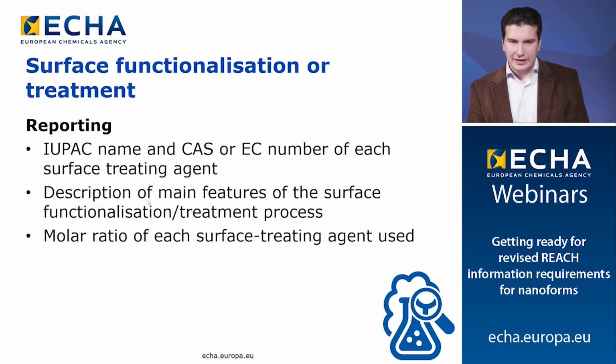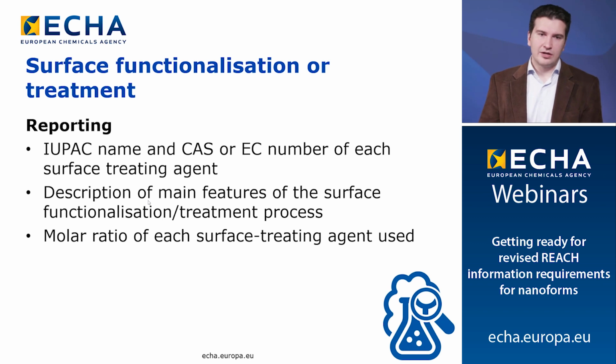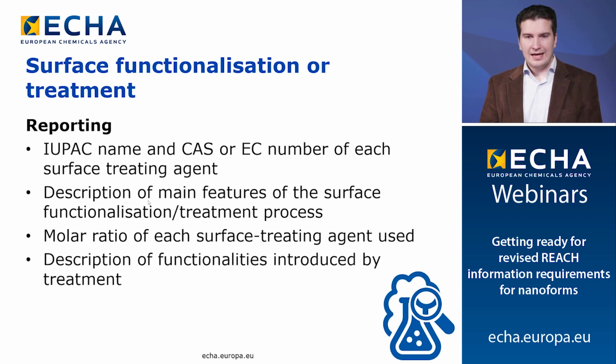In addition, we ask you to provide information about the molar ratio of the surface treating agents that you use, and to give us a description of the functionalities that are formed on the surface by this particular surface treatment. So for example, you are introducing a hydroxyl group or an amino group on the surface of your particles.